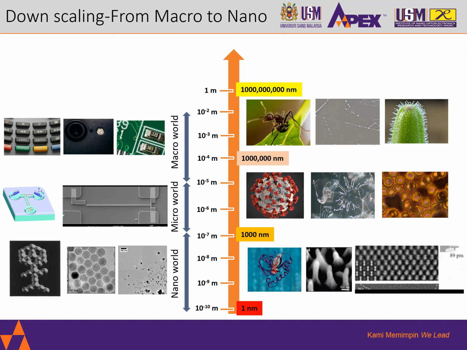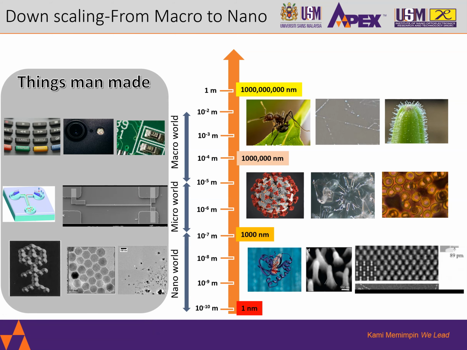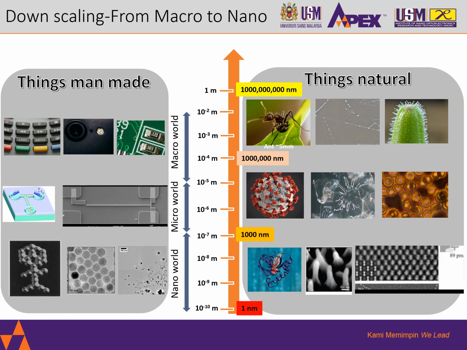Now, if you haven't noticed, these objects can easily be classified into two categories. On the left side, we have things man-made, and on the right, we have things natural, which we will discuss in detail in the next section.